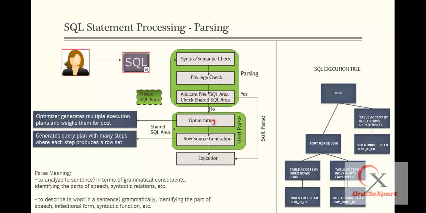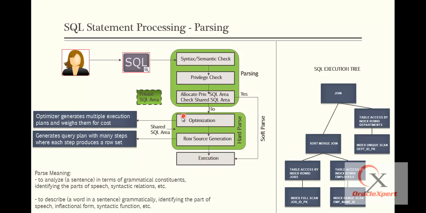That private SQL area may be either in my PGA or in my library cache itself, depending upon dedicated or shared server configuration. Now that hash value of my SQL statement was checked in the shared SQL area to see if it is already present. If it is present, Oracle counts it as a library cache hit, which subsequently results in a soft parse. It bypasses many different things and directly gets to the business of executing the statement.